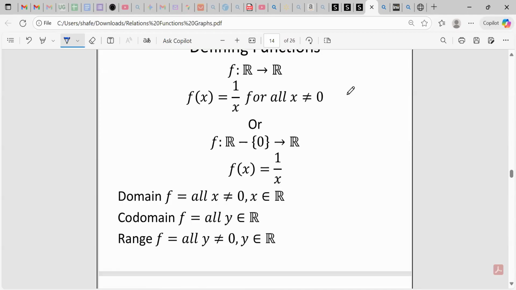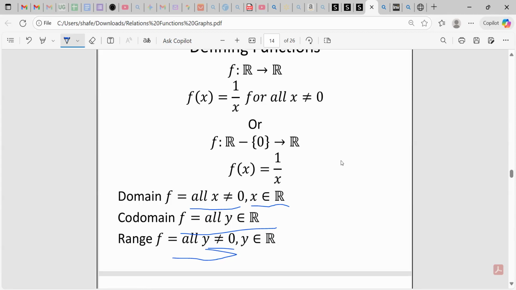That's one way of writing it, and this is an alternative way of writing it. Your domain is all non-zero real numbers. Your codomain, yes, you can say all y an element of R, all the real numbers. But for the range, y must not be equal to 0. It can be any other number but 0.